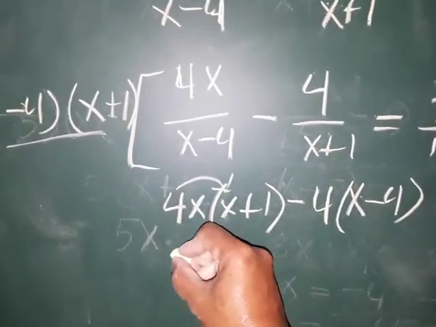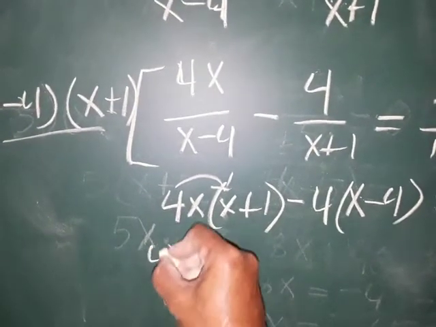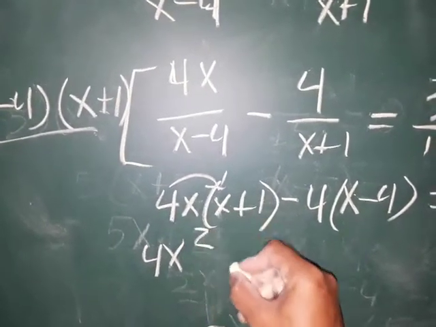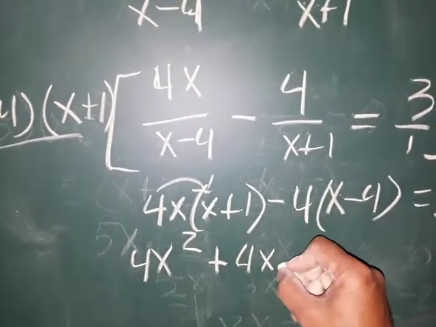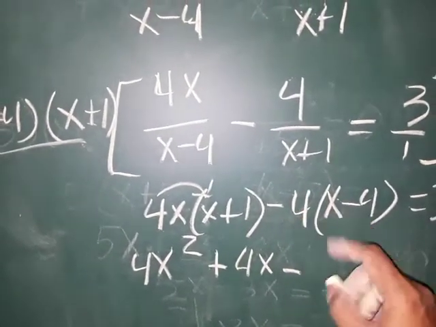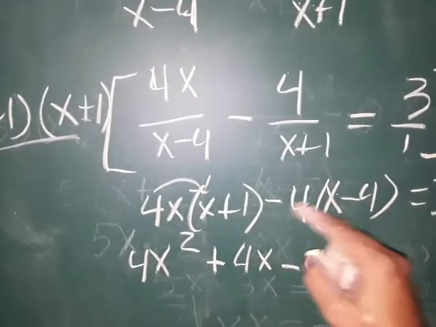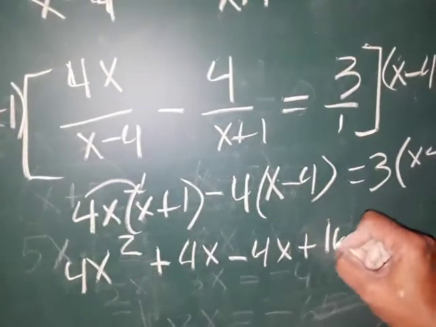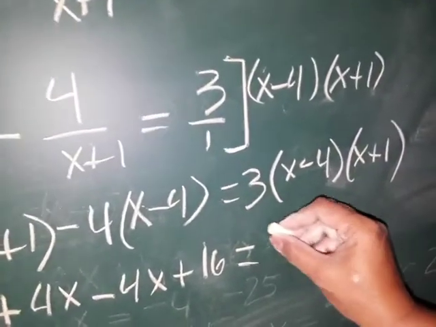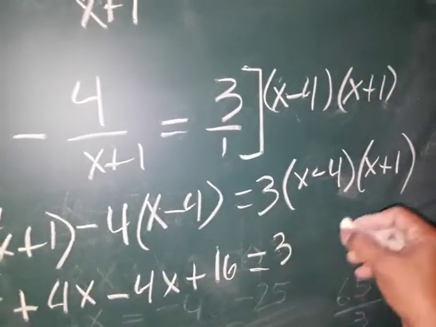4x times x is equal to 4x squared plus 4x times 1, 4x, minus 4 times x, 4x. Negative times negative, positive. 4 times 4, 16. So, equal to, what are we going to do with this first? So, copy 3.